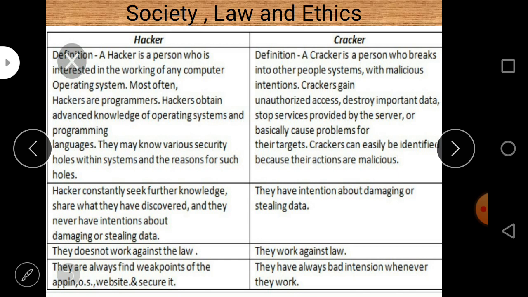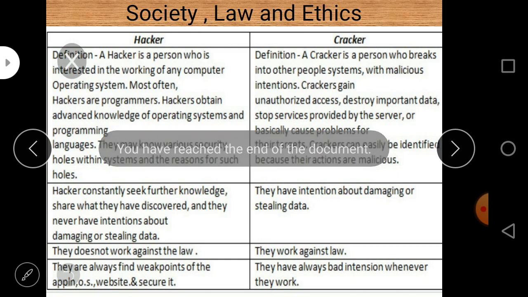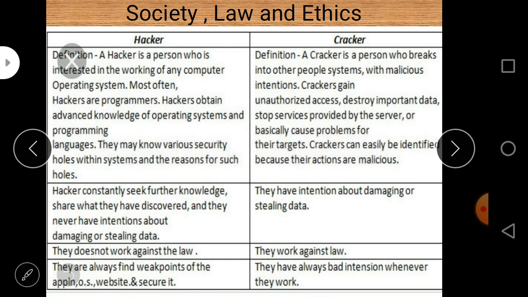The last point regarding hackers is that they always find weak points of applications or websites and secure them. Crackers always have bad intentions whenever they work. The basic difference between hacker and cracker, which can be mentioned in one line, is that crackers are persons who have malicious intentions, and hackers don't have malicious intentions.